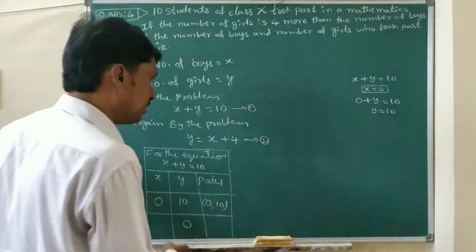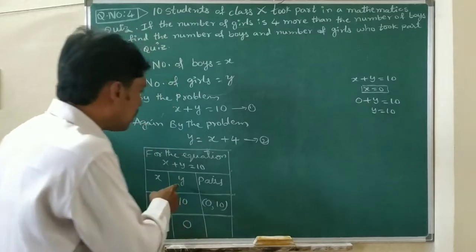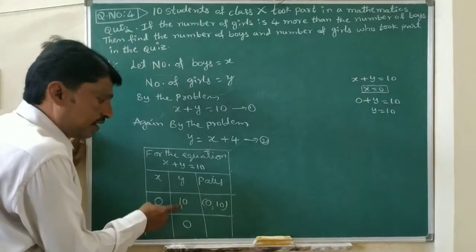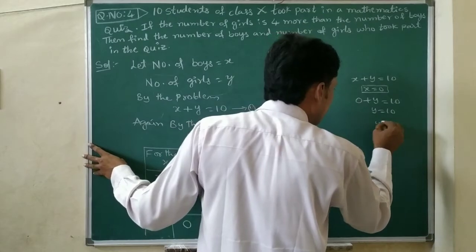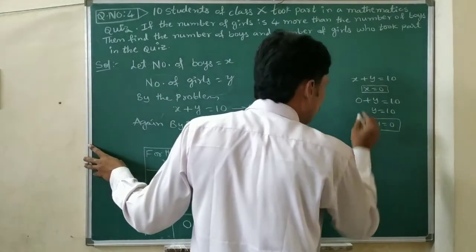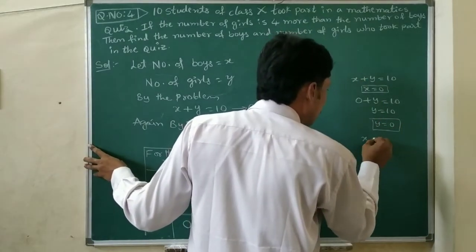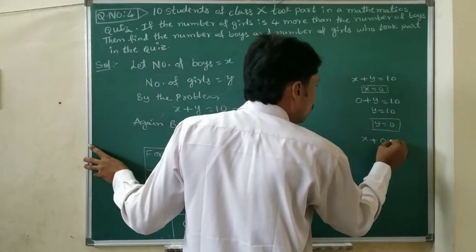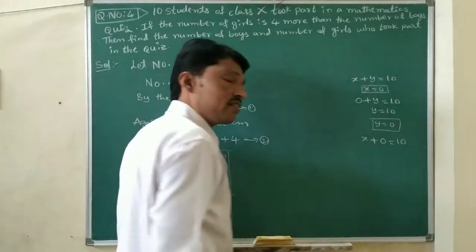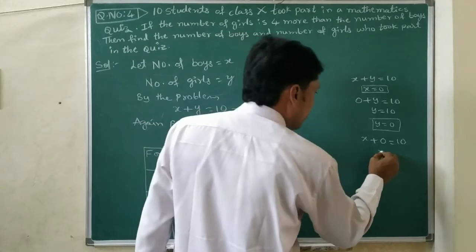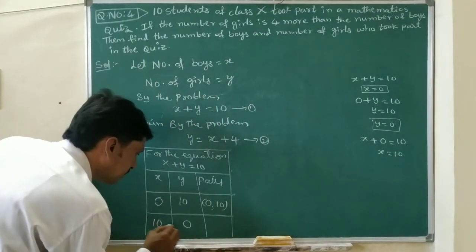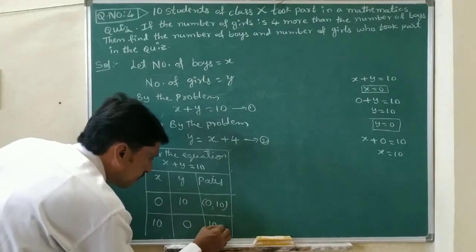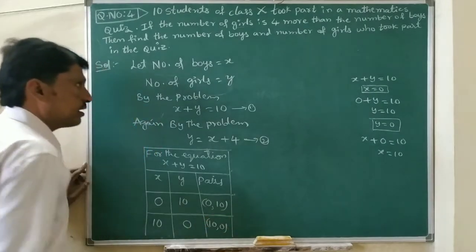Next we are assuming y value is 0. Now in this equation, y value you can take as 0. So y value we are taking 0 means x plus 0 equal to 10. x plus 0 is x equal to 10. That value you can write here as 10. So here we are getting the pair 10, 0.